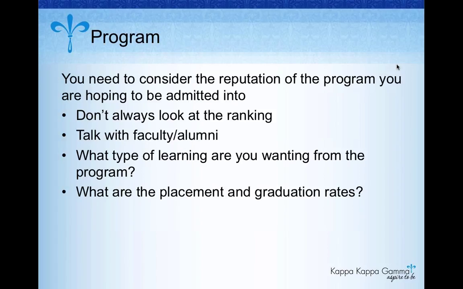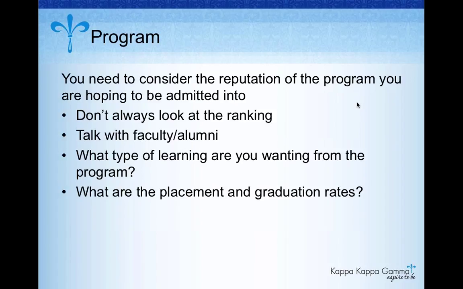And then how many of them didn't actually graduate? So how many started the program and may have been in your cohort 2 years ago, but never completed the process? So looking at retention and graduation is going to be huge. This piece right here, the program, is probably the biggest piece when picking a graduate school. You want to make sure that your program is going to prepare you for your future career.